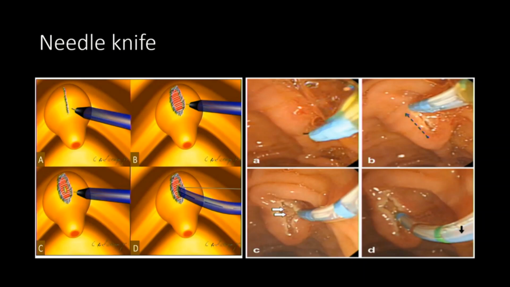And then, after doing repeated dissections in the same plane, the target is to open the CBD to see a drop of bile and then be able to cannulate from there and extend the sphincterotomy. So this is an alternative technique that whoever needs to do ERCP should be familiar with.